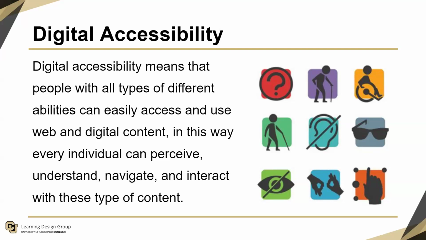Digital accessibility is many times confused with UDL. Yes, it is fair to say that, but UDL is a broader concept and digital accessibility is very specific, even though they both aim at improving inclusivity and usability for digital content.